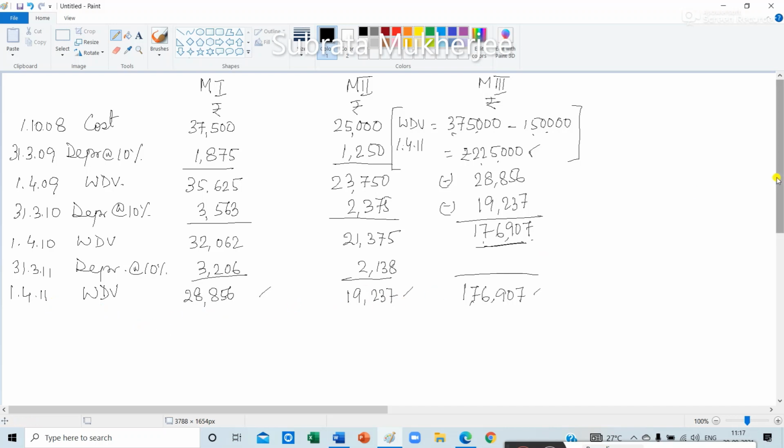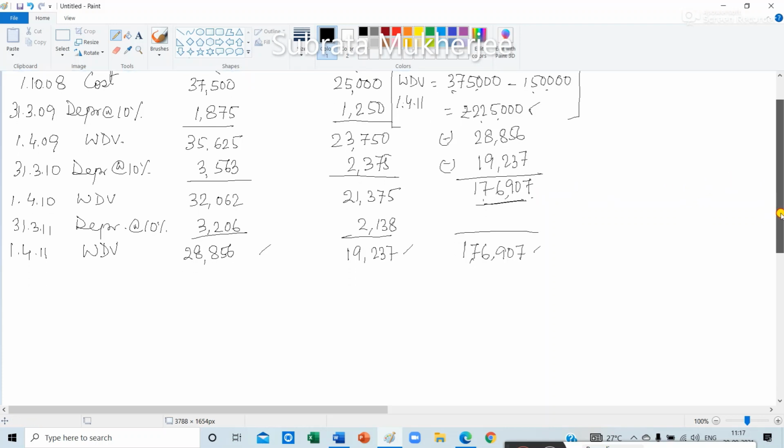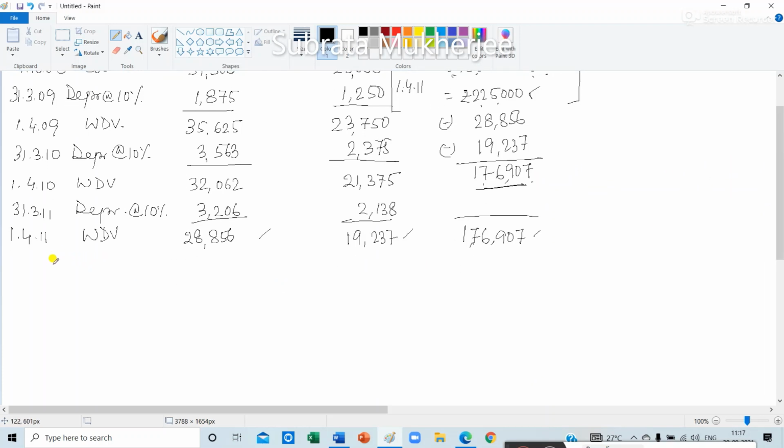Now, on 31st December 2011, the first two machines were sold. So I need to charge depreciation up to 31st December 2011, that is for 9 months. The 9-month depreciation on machine 1 will be 2,164, and on M2 this will be 1,143. So the written down values are 26,692 and 17,794.